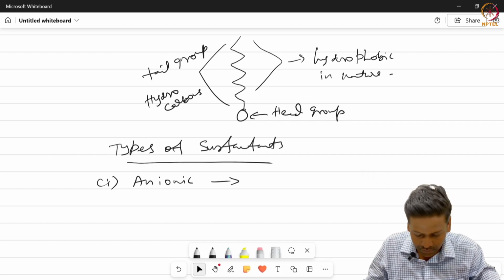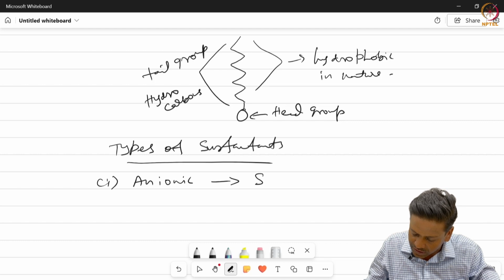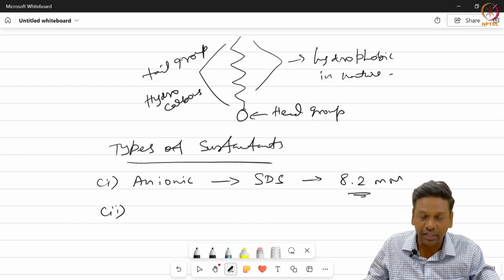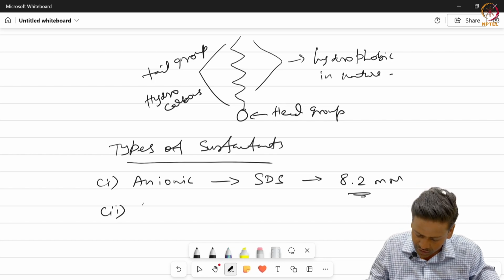You can give an example, let's say SDS. Usually the CMC for SDS is 8.2 millimolar. SDS is sodium dodecyl sulfate.